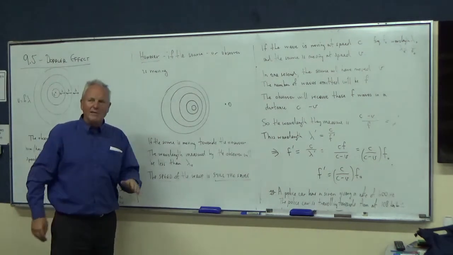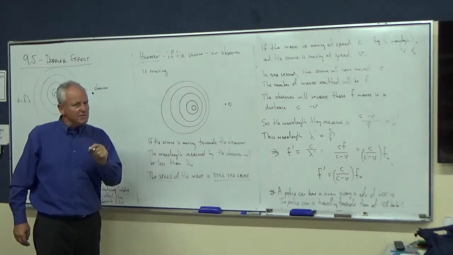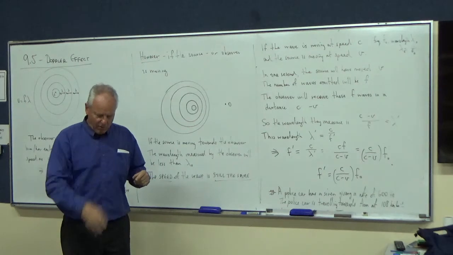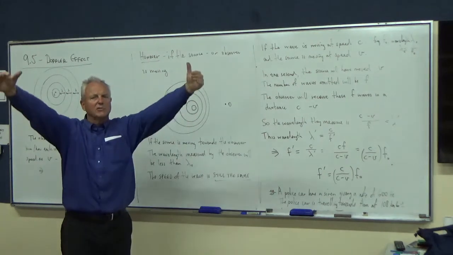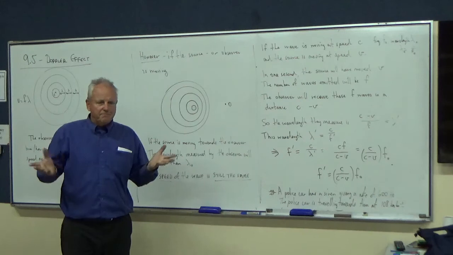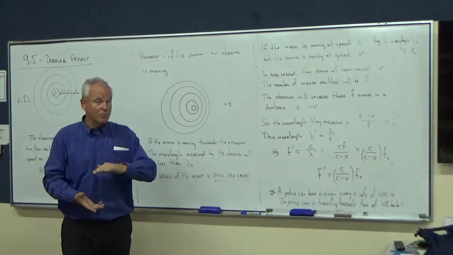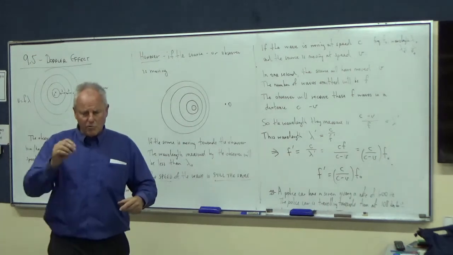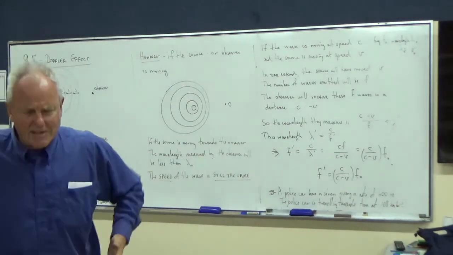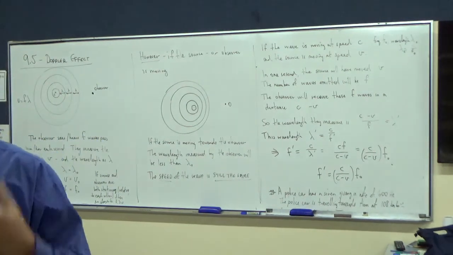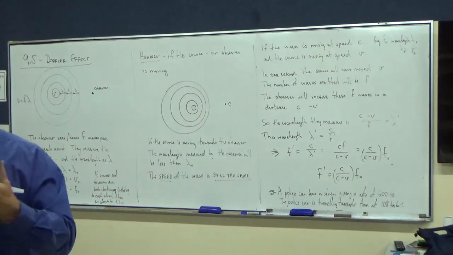The speed of the waves is still the same, and that's an important one. If I'm standing here generating waves, they are travelling out to all of you at 2 metres per second or whatever it might be, depending on the depth of the water. If I'm moving towards you, it's not making the waves go faster. If I'm walking towards you, it's not making the sound go faster.